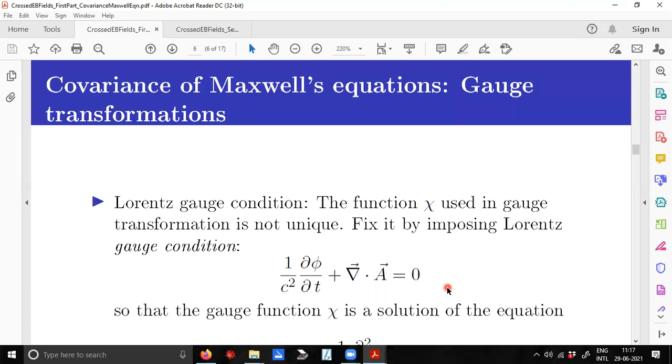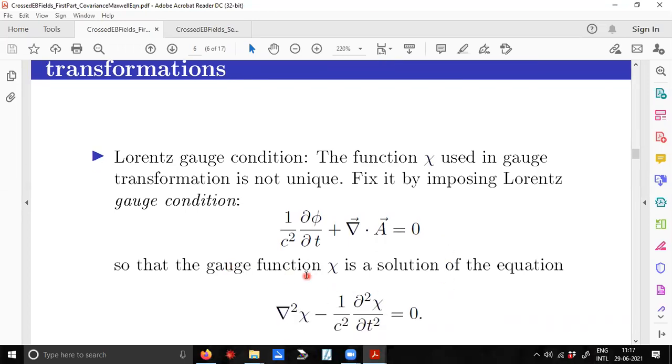I take this such that the gauge function has a property. It has to satisfy the four-dimensional Laplacian, or D'Alembertian, equation: del squared chi minus 1 over c squared dou squared chi by dou t squared is equal to 0.